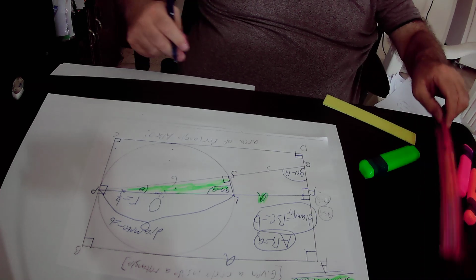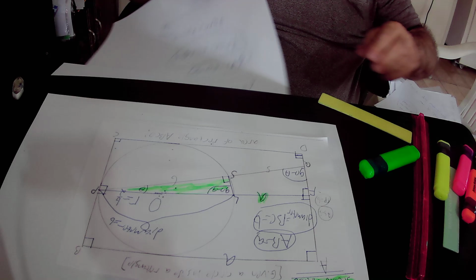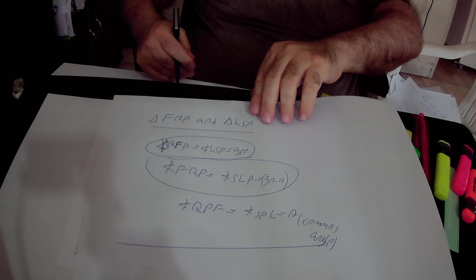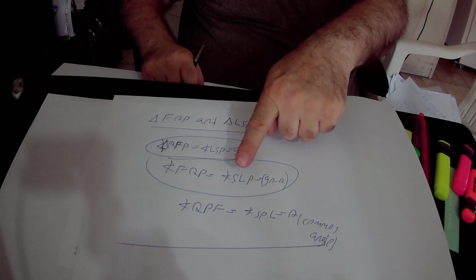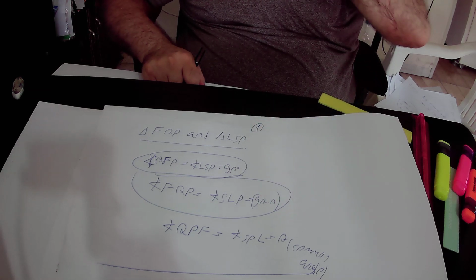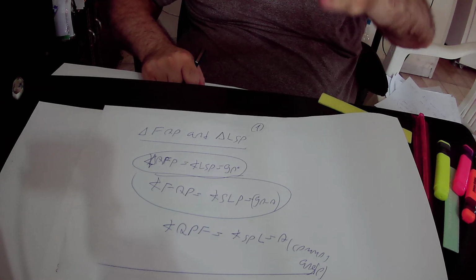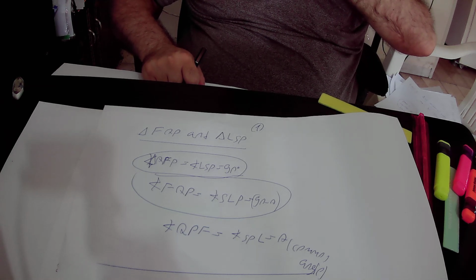I repeat again, angle QPF equals angle SPL. They are both equal, so angle theta equals itself. It is a common angle that belongs to both triangles.